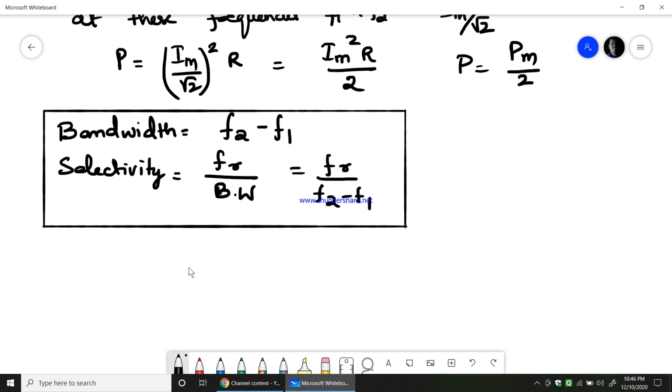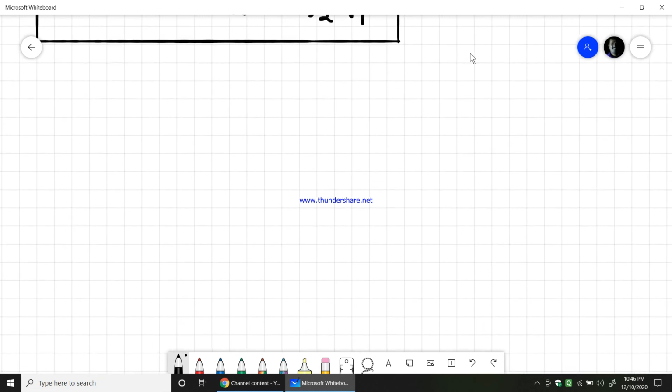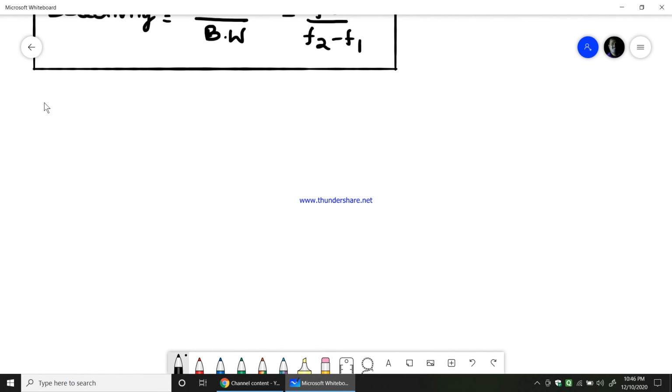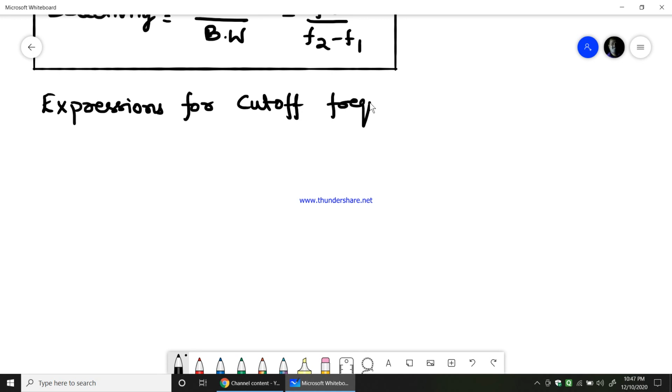Now let us derive the expression for cutoff frequencies. So the first expression that we are going to derive is for F1.